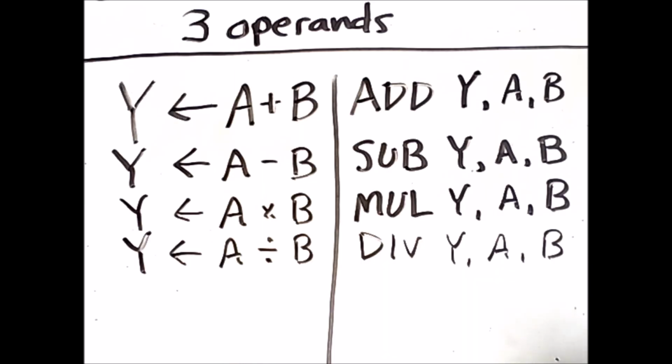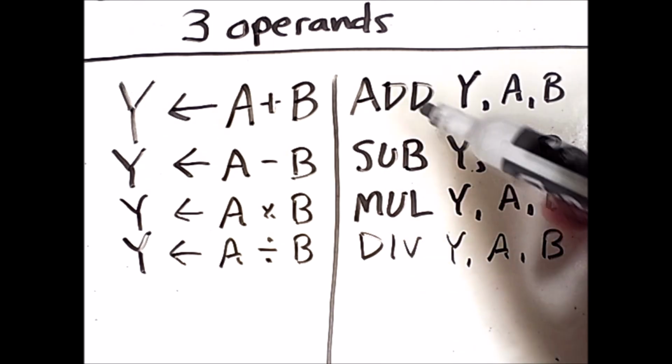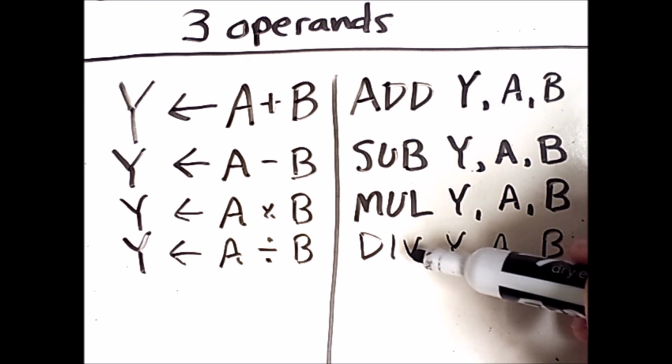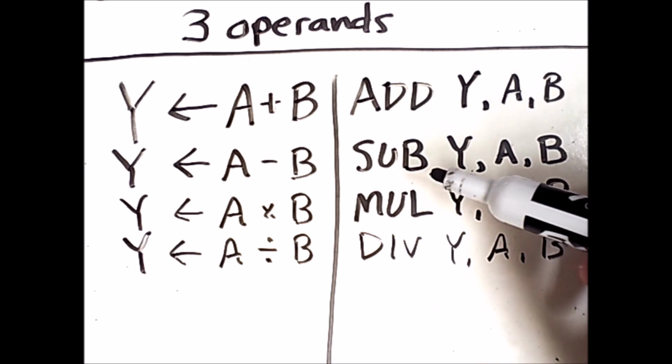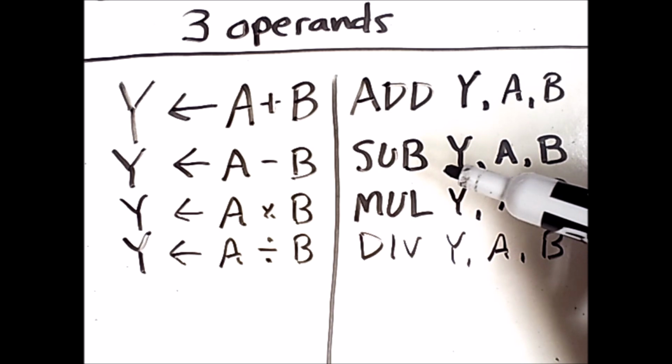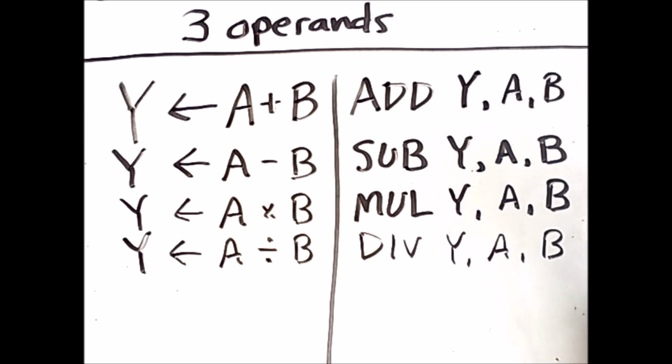Now, although this video is about machine instructions, what I've actually shown here on the right are assembly instructions. The machine instructions would be binary representations of these commands, where each of these mnemonics would have a corresponding opcode represented by some fixed number of bits, at least fixed for our simple examples that you'll be seeing in this video.